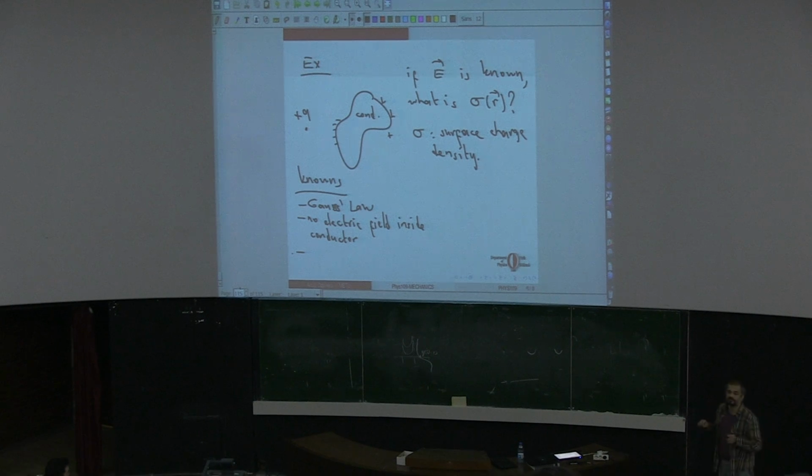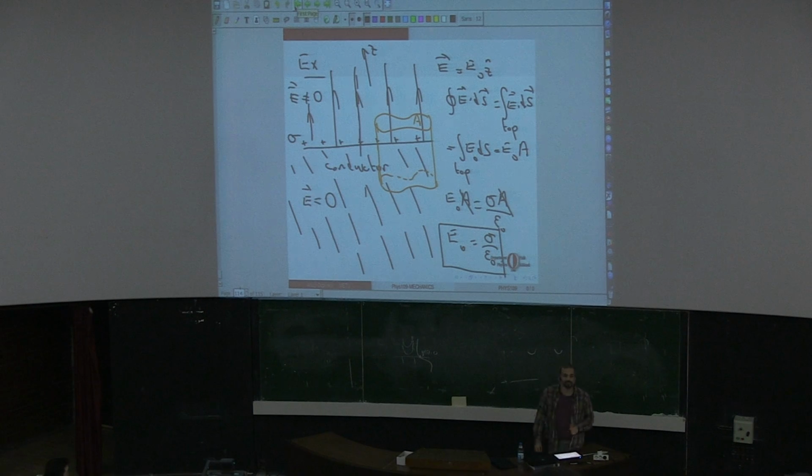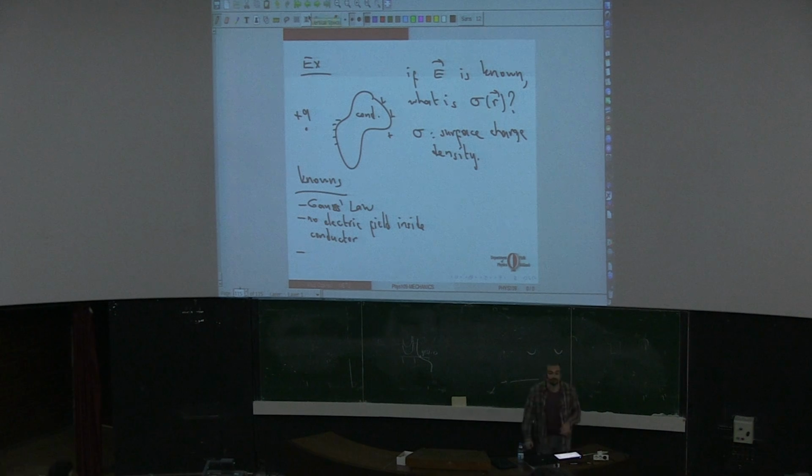But there is one more ingredient that we will be using: symmetry. I don't see any symmetry over here. What is the direction of the electric field on the surface? Anywhere, here or here, since we are talking about the conductor, E is perpendicular to the surface.